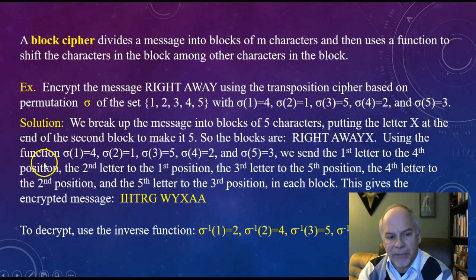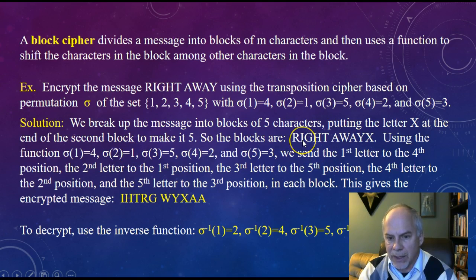Anyway, using the function given in the problem, we send the first letter to the 4th position. All right, so the first letter is the R, and we're going to move that to become in the 4th position. So you notice that in the final encrypted message, the R is in the 4th position. And then the second letter will go to the first letter.